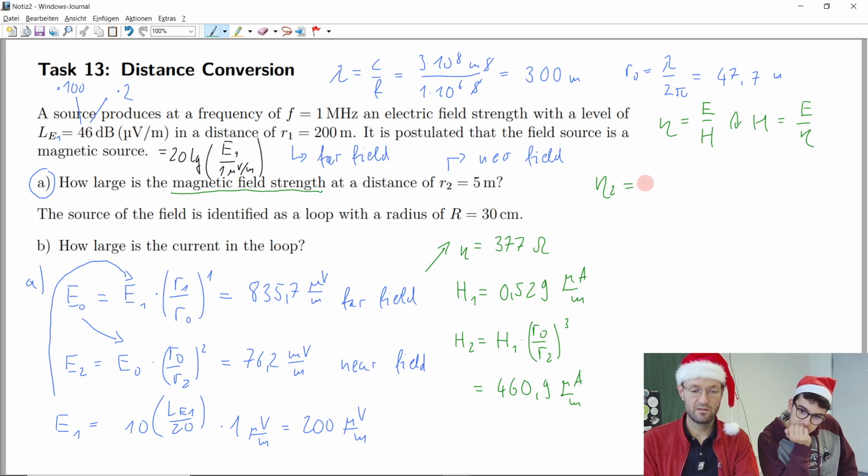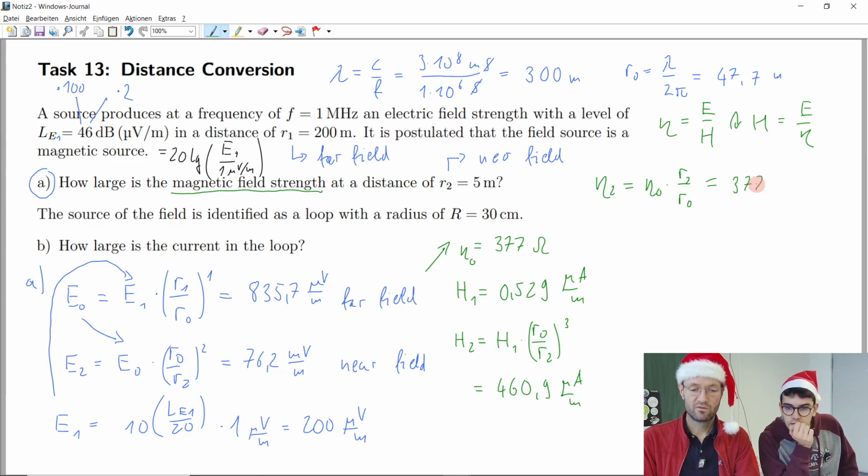And if we insert something like our R2 that is smaller than the transition distance, then we get also something that is smaller than our eta 0 in this case.